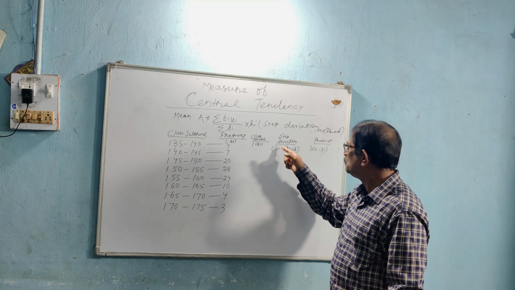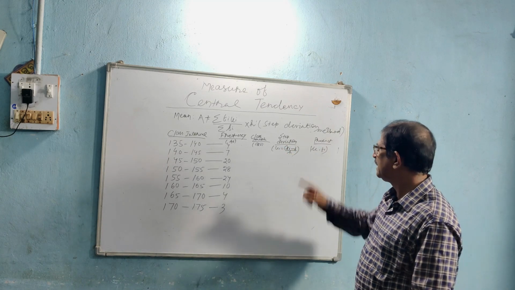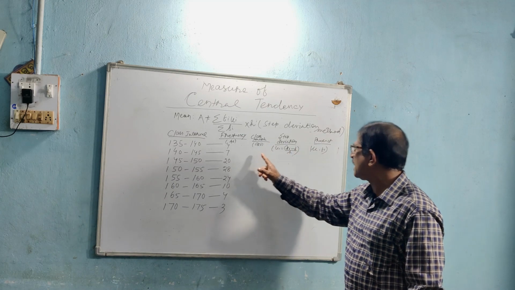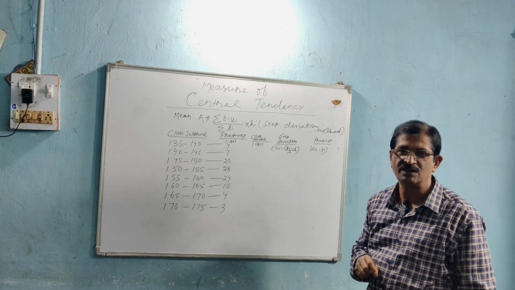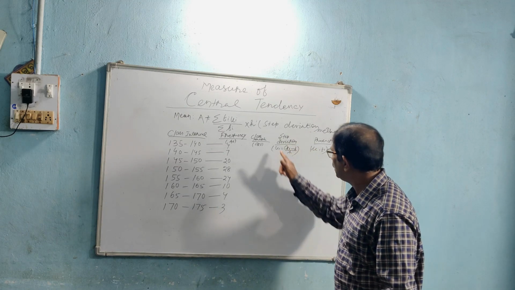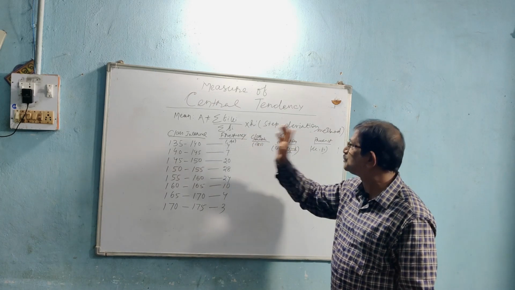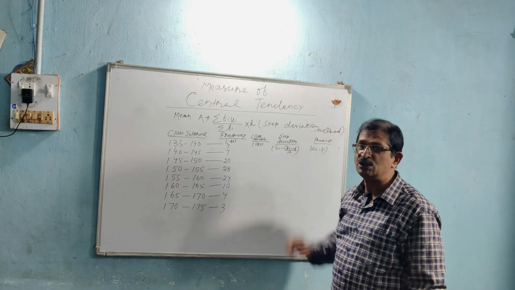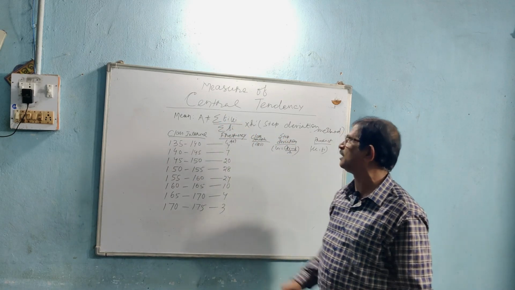And your u1, that has been indicated here, is your class mark minus assumed mean by that common divisor. Whatever u1 value comes is to be multiplied with your frequency, and thereafter you apply this formula.